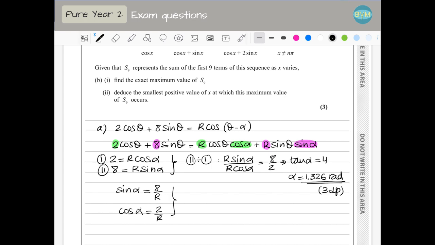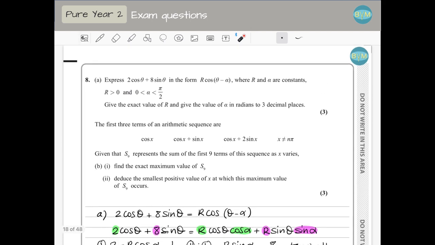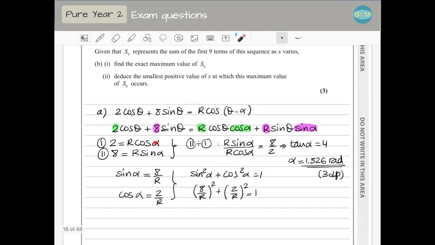If I do sin squared plus cos squared equals 1, it means that (8 divided by r) squared plus (2 divided by r) squared is going to be 1. I'm doing that so I have the exact value of r. That's what they usually ask in these questions. So don't substitute alpha here, because then you're going to get decimals, not the exact value of r. In normal circumstances we could substitute alpha here and find r, but that's not what we are doing.